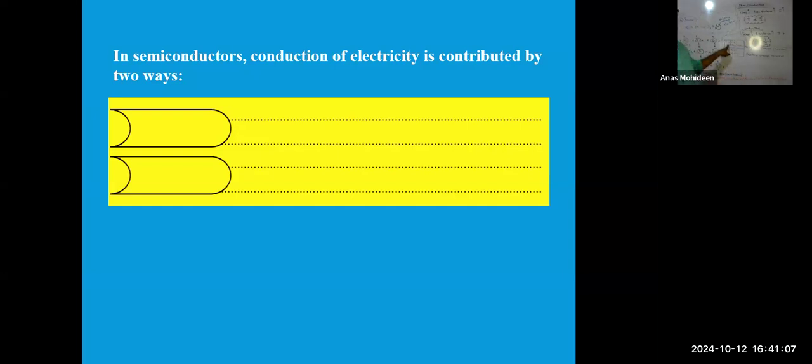What are they? Number one, free electrons. In front of the free electrons, let's write: free electrons act as the negative charge carriers.